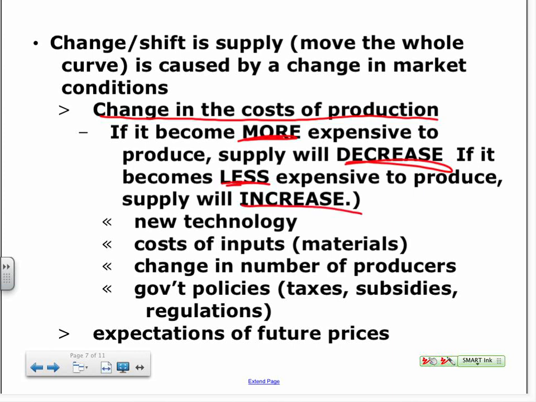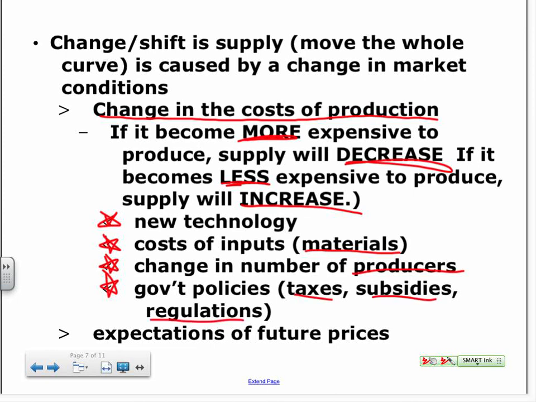And down here now we have 4 ways that the cost of production could change. It could change because of new technology. It could change because the cost of the materials to build it or make it changed. Supply could change because of the number of producers that got involved, or government policies such as taxes and subsidies and regulations.